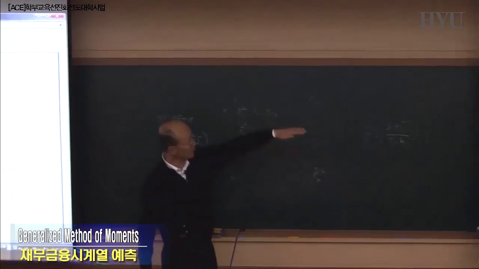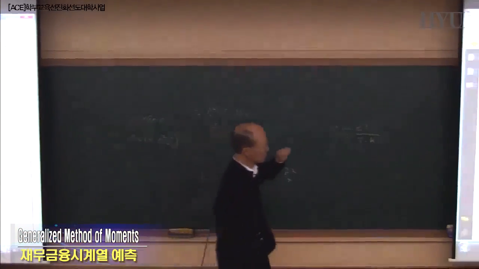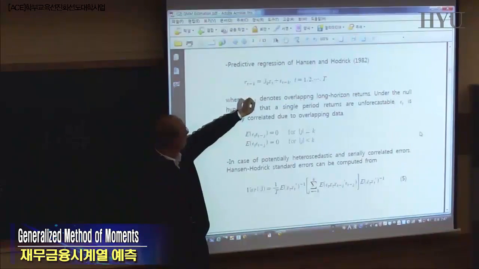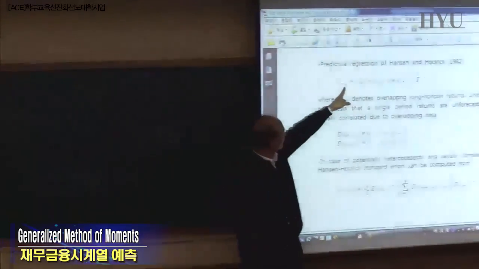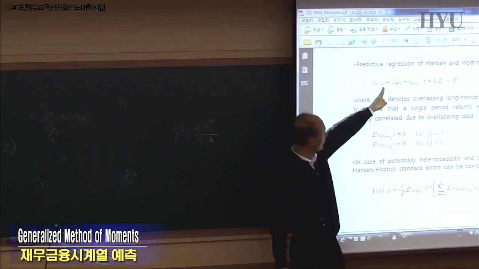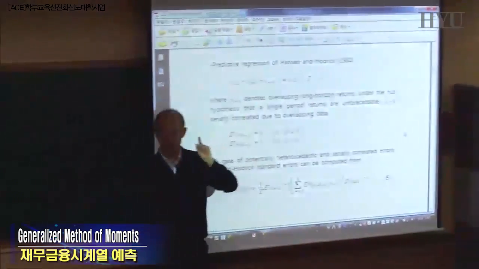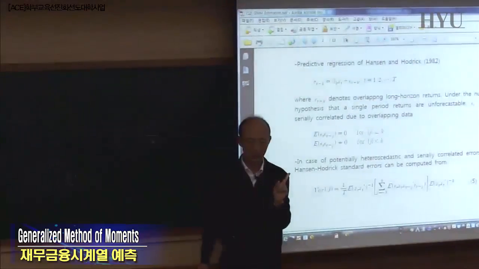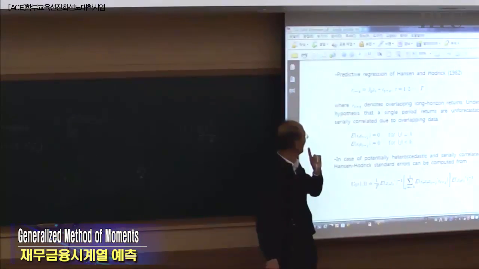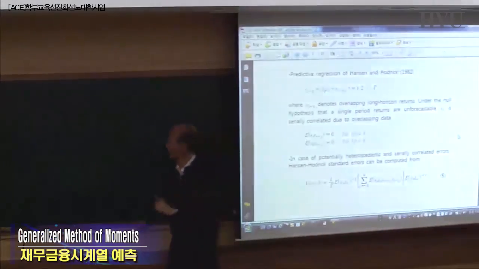What Hansen and Hodrick did is, on the null hypothesis of random return, because you're looking at k overlapping periods, there will be k minus 1 moving average terms.